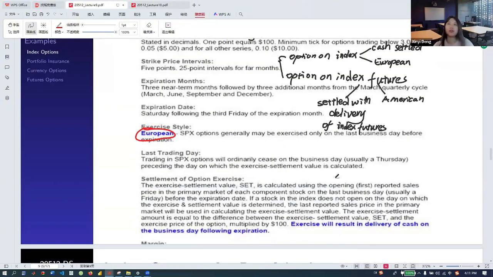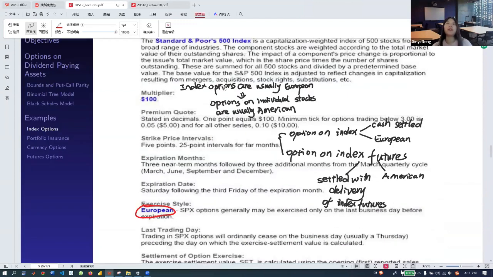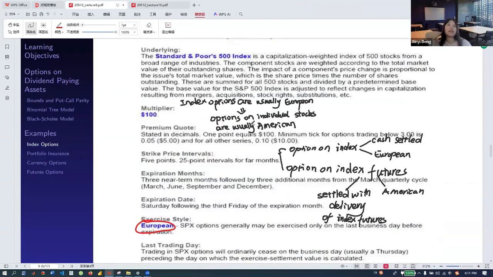You can see this from this S&P 500 index option as well. So the key takeaway is that index options are usually European, and index options are usually cash settled.